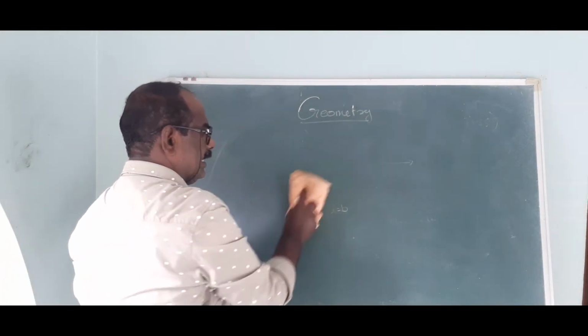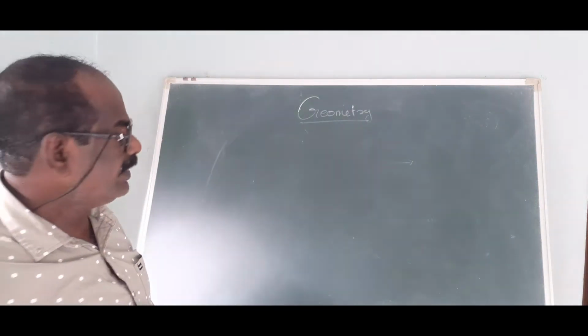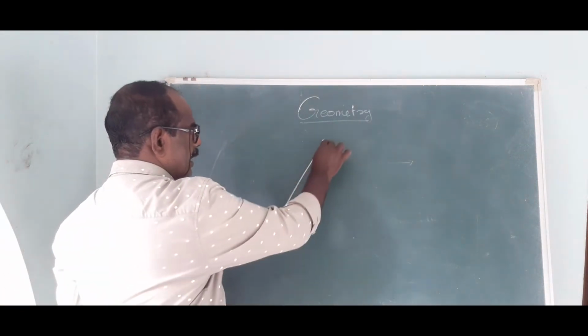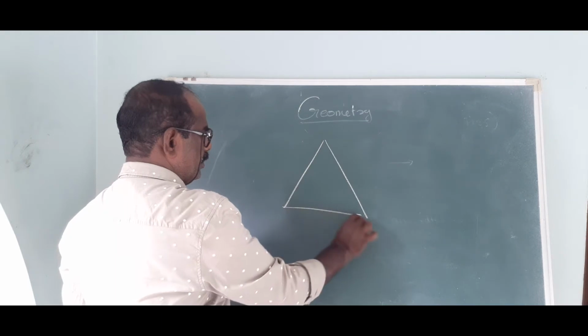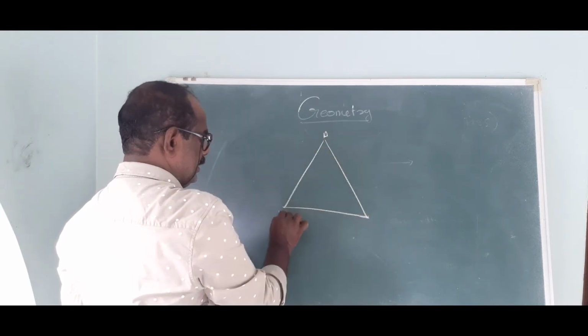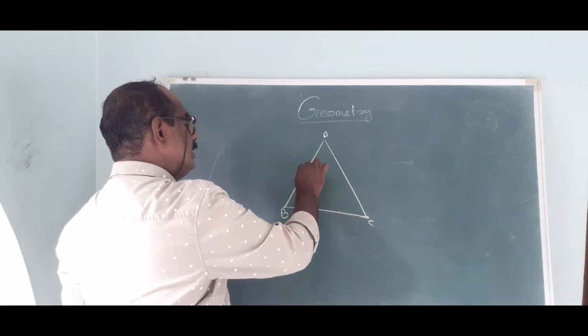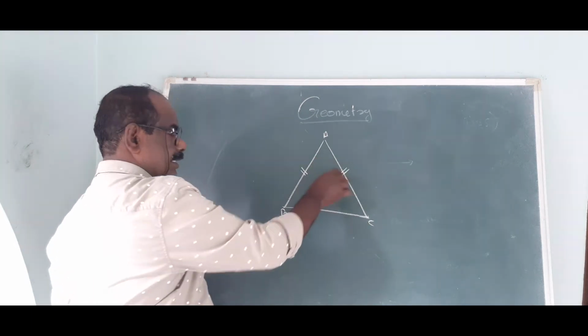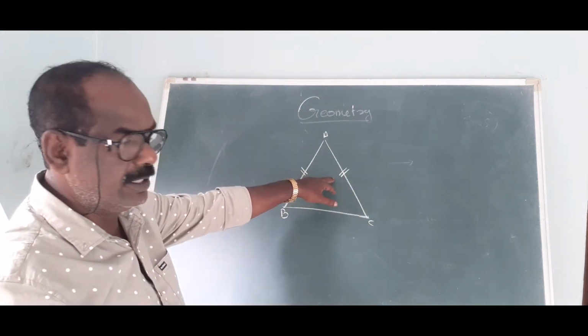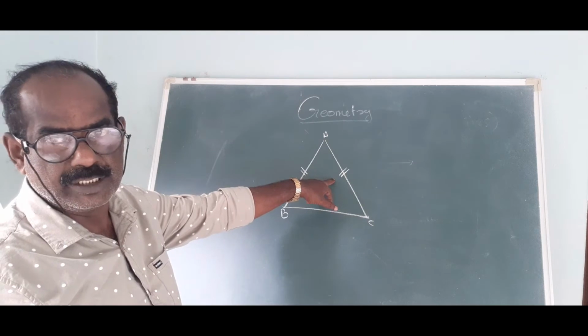Next property, related to triangles. If triangle ABC has two sides equal, it is called an isosceles triangle.